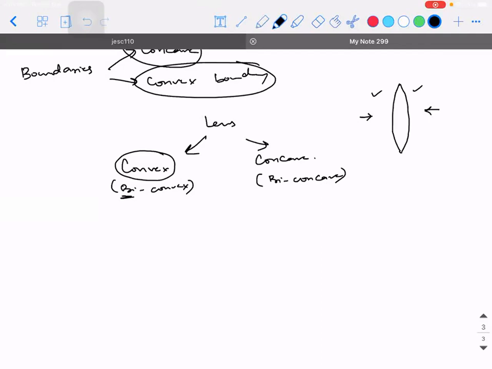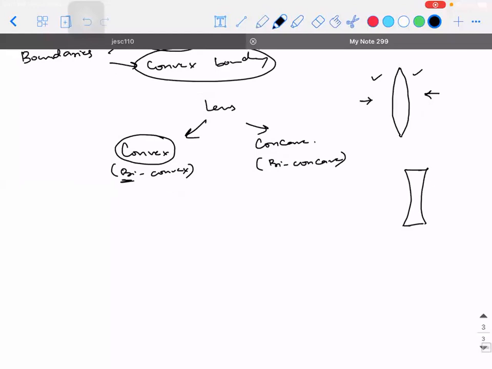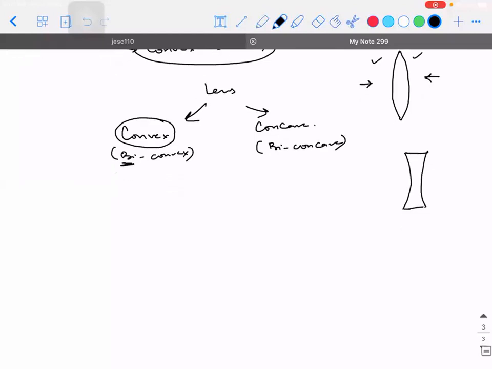Clear? Similarly, if I draw a lens like this, then this is called a concave lens, or biconcave. See, this is again extra information. If I draw one curved surface like this and a straight line like this, what do you think will be the name of this? This is a convex surface, and I drew a straight line.